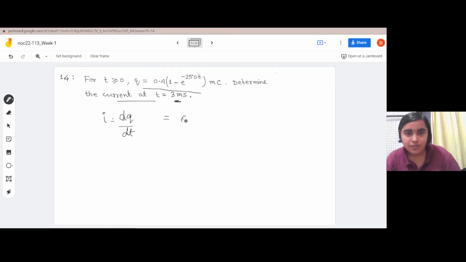On differentiating this part, what do we get?